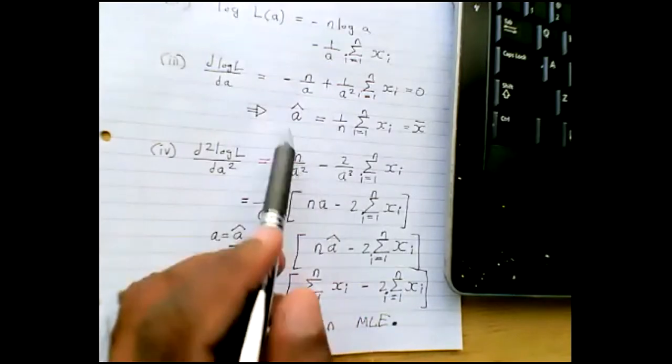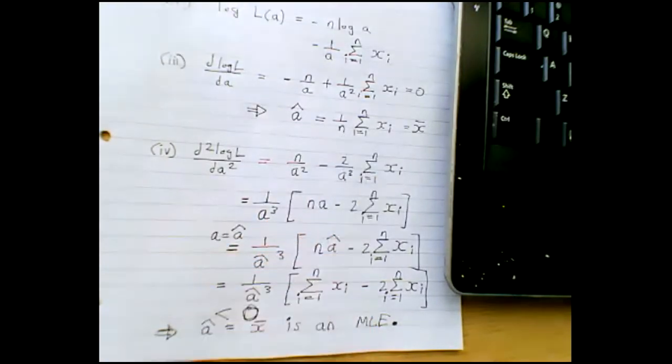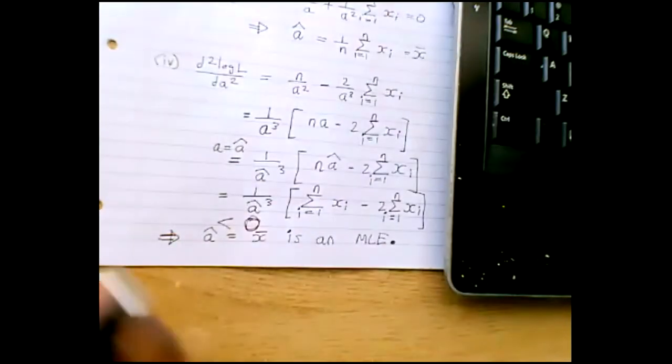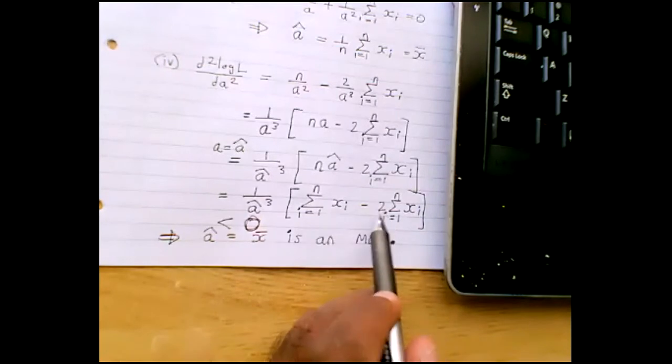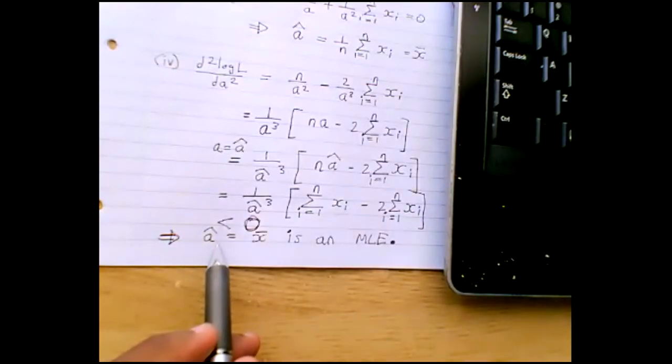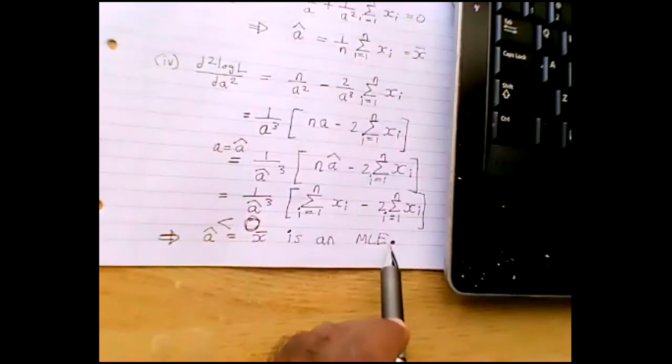So a hat must be positive, right? And hence this guy here must be negative, and hence this is an MLE of a.